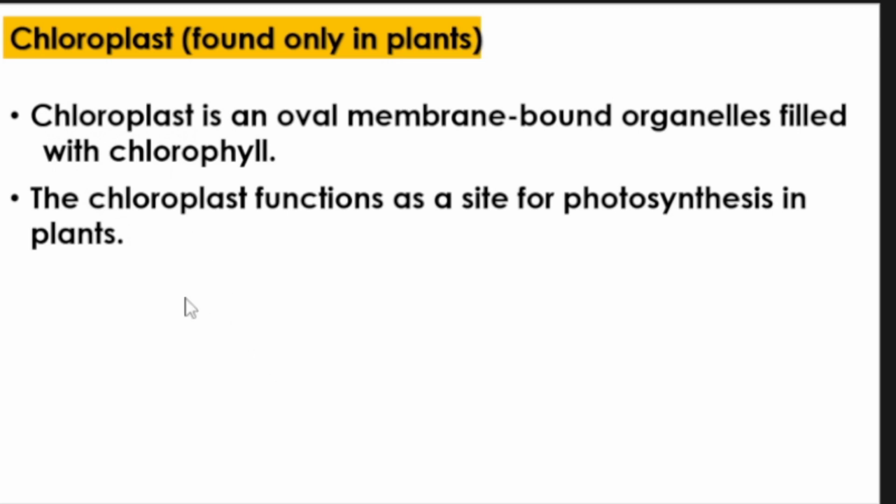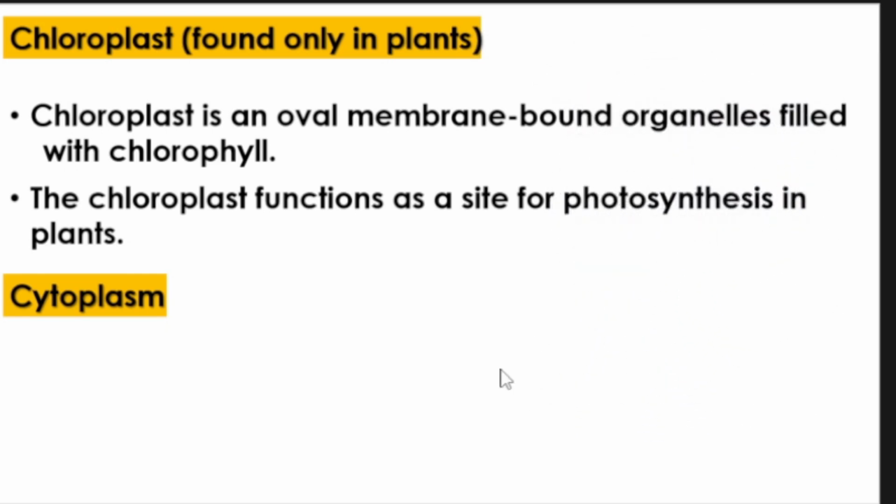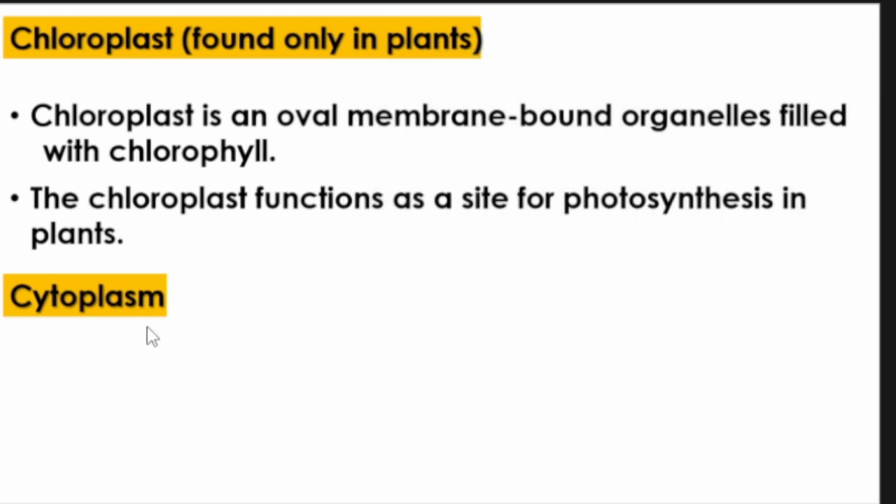Then from here we will talk about the cytoplasm. It is found in both plant cells and animal cells. The cytoplasm, as already indicated, is this area where you find the other parts of the cell. The cytoplasm is the gel-like matrix embedded with organelles.